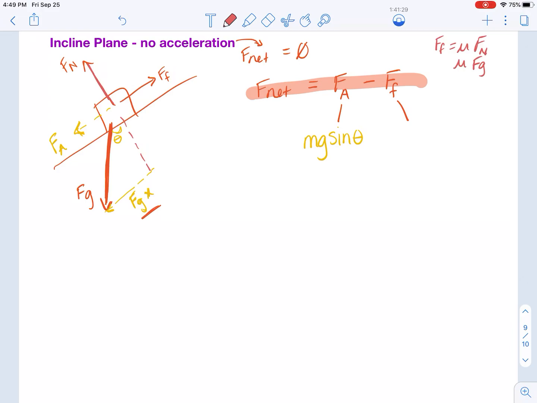And so for this particular question, the weight of the object is going to be calculated using mg, but it's not the full force component. It's not the full weight of the object. It's the component of the weight that's in the same plane as my normal force. So this side of my gravitational force vector is the cosine of theta.